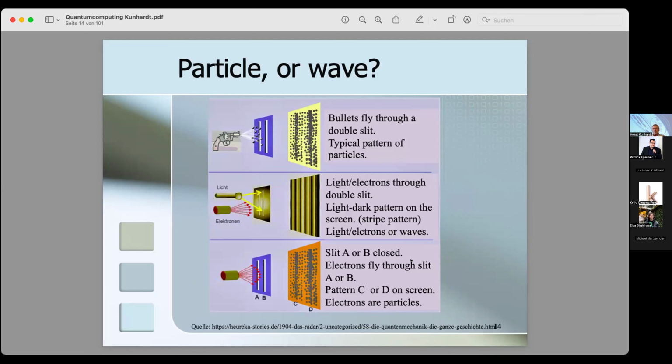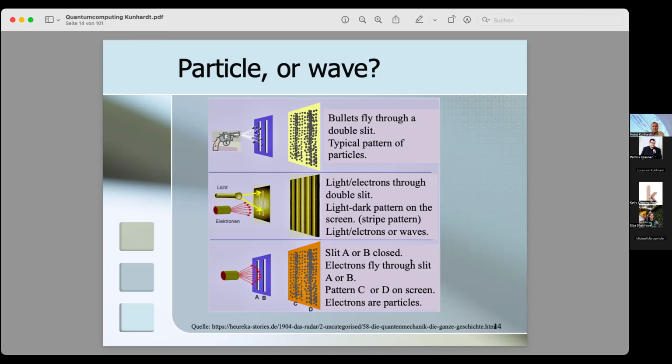So coming back to the introducing question, what is light? Is light a particle consisting of particles, or is light behaving like a wave? Take the famous double slit experiment.